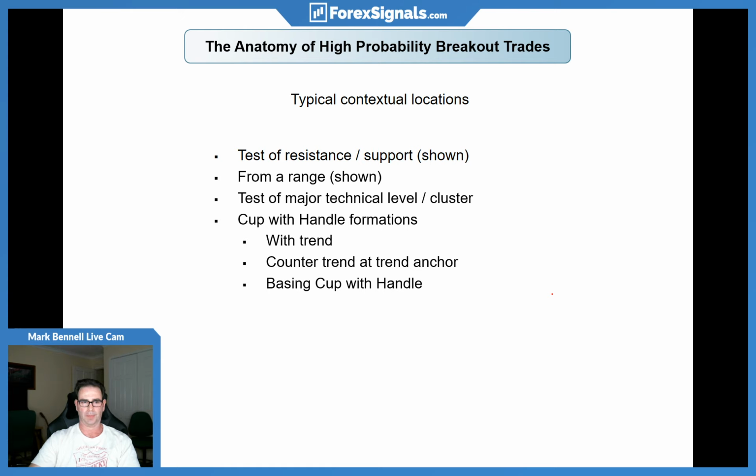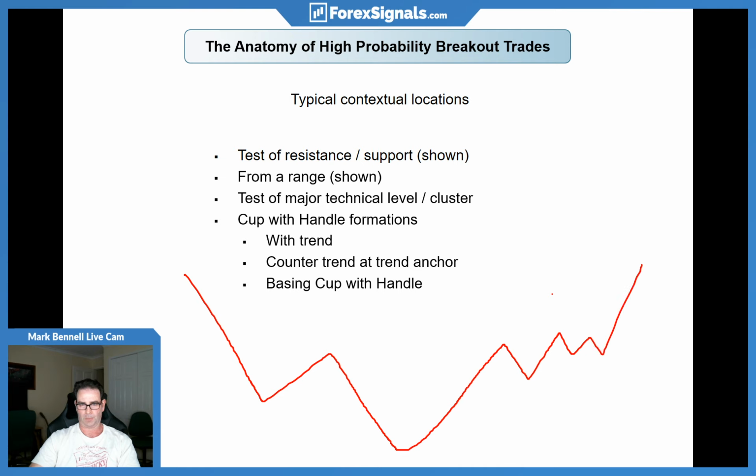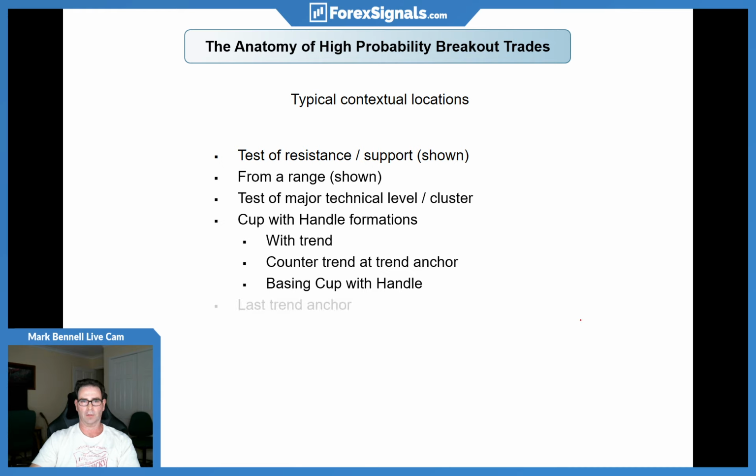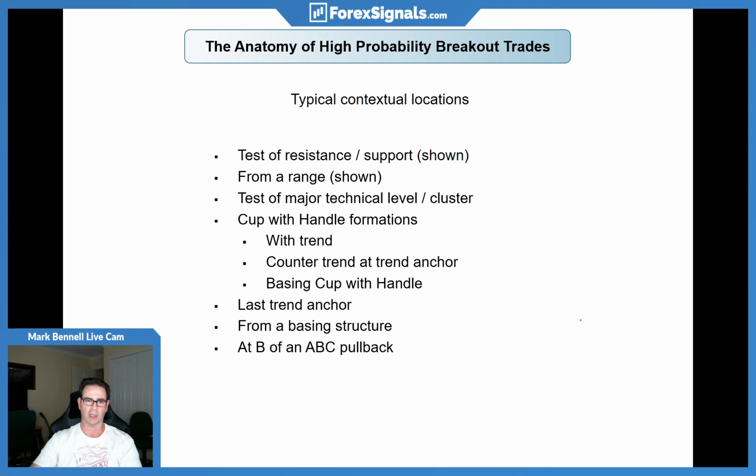Really? We've got a base through here. Can it also be part of head and shoulders? Absolutely. What else? Last trend anchor, we just did that. From a basing structure we did at B of an ABC. We did that too. That's this one.